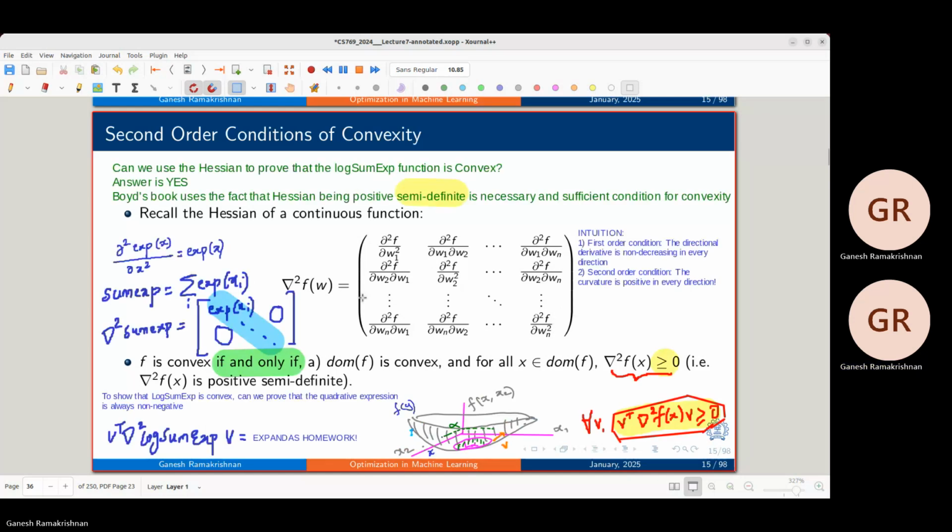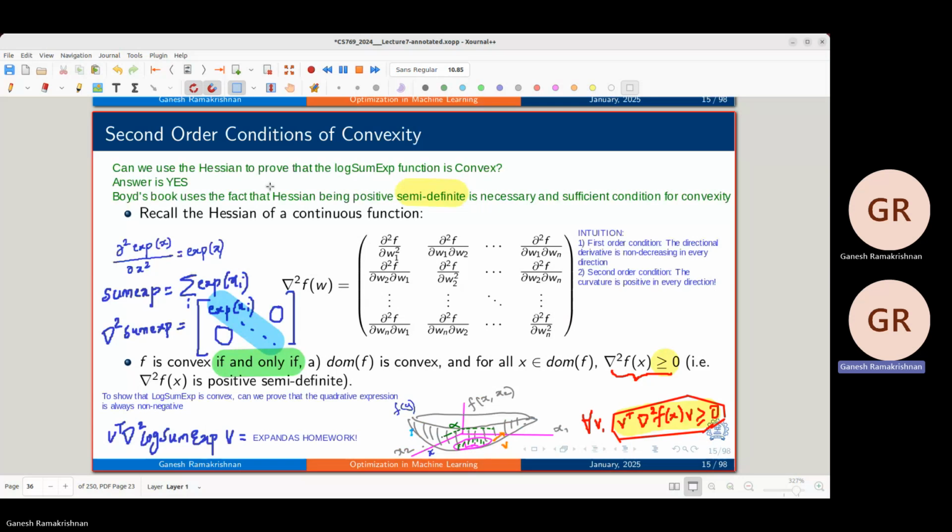So what I've tried to do is give you a homework problem. Can we use this condition to show that log sum exp is convex? You remember log sum exp, our favorite function form, because it's very canonical for machine learning problems.